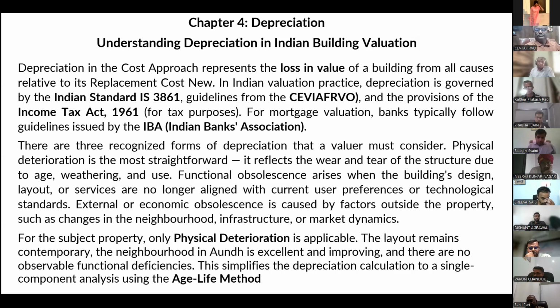But if you are doing a detailed cost estimation, then you have to mention what type of obsolescence you have taken into consideration and why other types you have not taken into consideration. Because you have to defend your evaluation either in the court or at some other concerned authority.